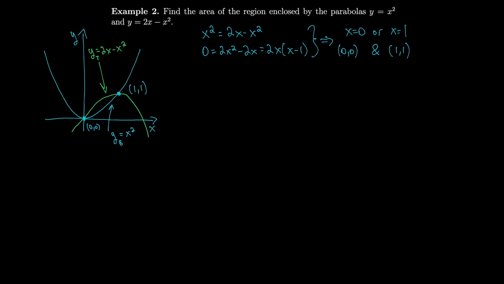If we draw a little rectangle, let's see if I can actually draw this thing. Maybe something like that. Yeah, roughly. So let's say this is a tiny little rectangle. It has a width delta x.